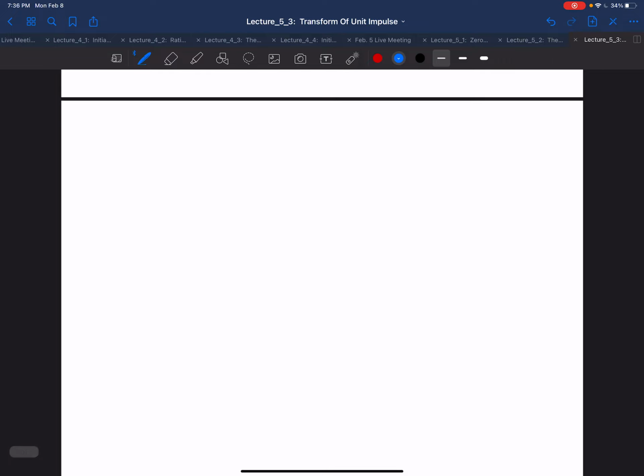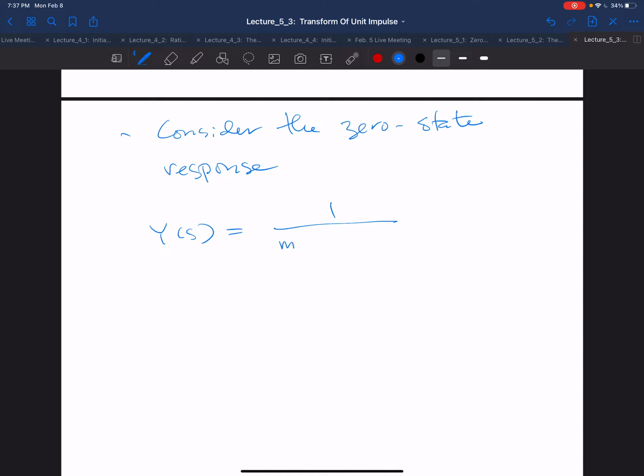Let's go back to the notion that we began this week's lectures with, namely the zero state response and the zero input response. In particular, let's consider the zero state response, and we'll just use our example of the mass spring damper. In that case, we have this function 1 over ms squared plus bs plus k times f of s, where f of s is our input, or our forcing function.